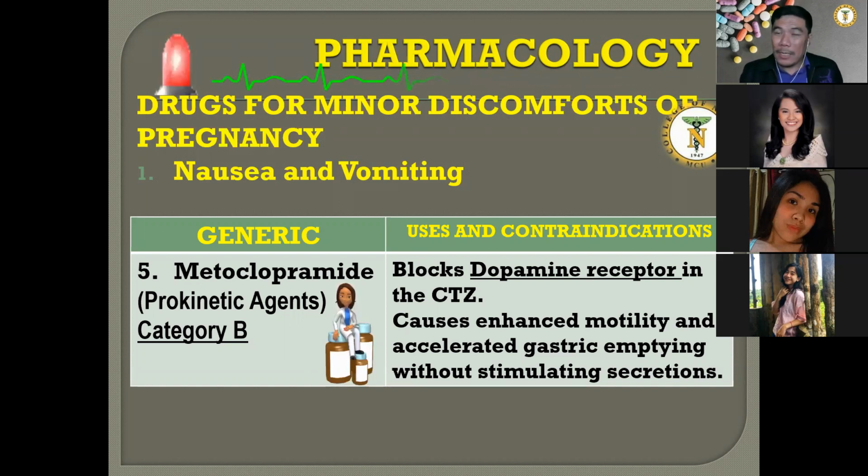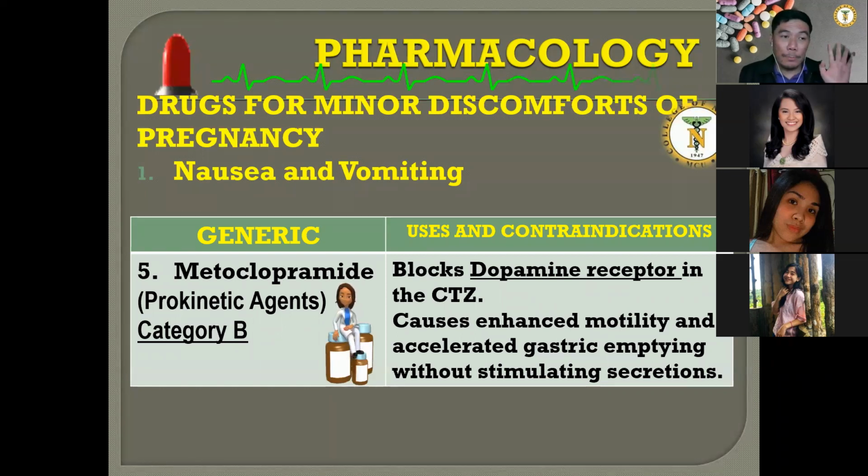So once pag na-clear na yung gastric content, the person feels relief. So eventually it will induce the motility, but it will accelerate gastric emptying na hindi naman mag-stimulate ng hydrochloric acid. So ibig sabihin, mag-empty yung stomach mo but it may not cause hyperacidity. So ito po ay prokinetic, metoclopramide, category B.